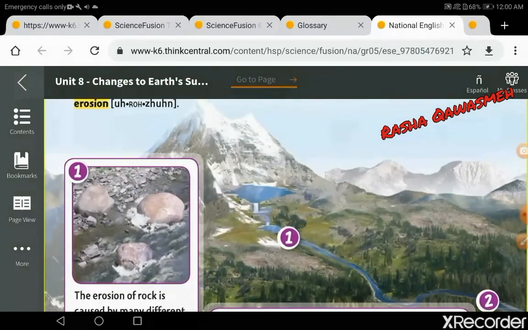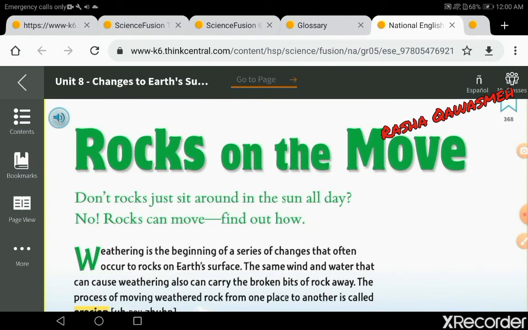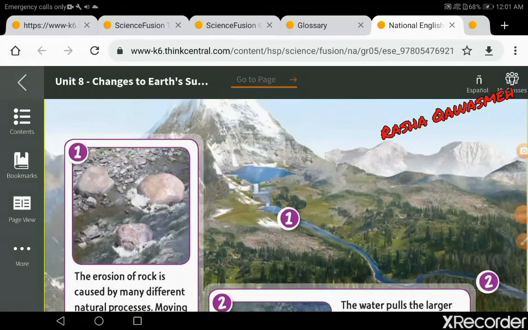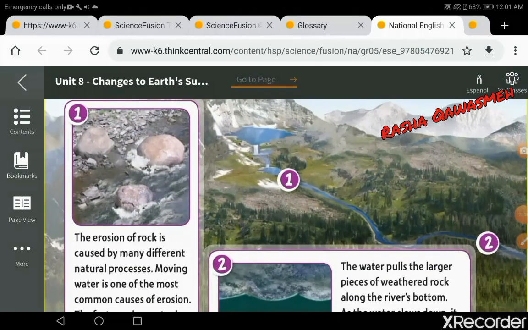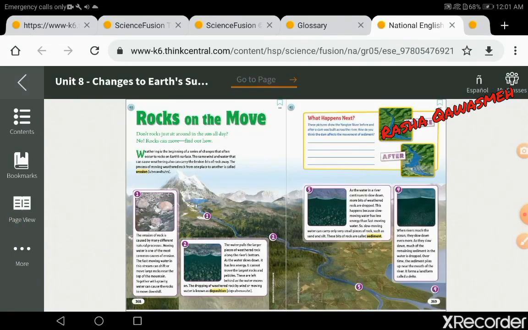Now here, you have to study this page. Rocks on the move. Do they move? Yes. Now, how do they move? Okay, let's see how they move. You have here page 368, 369. What happens? Now, number 1 starts from here.